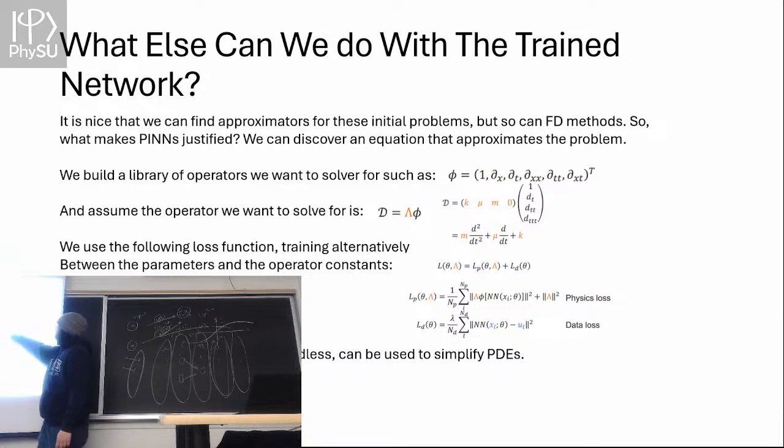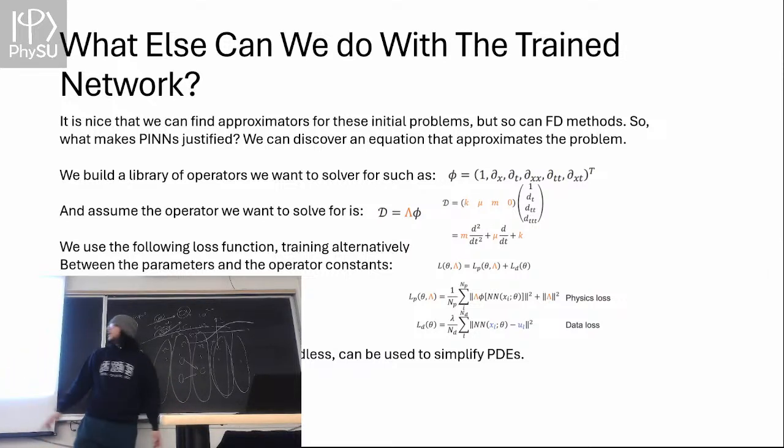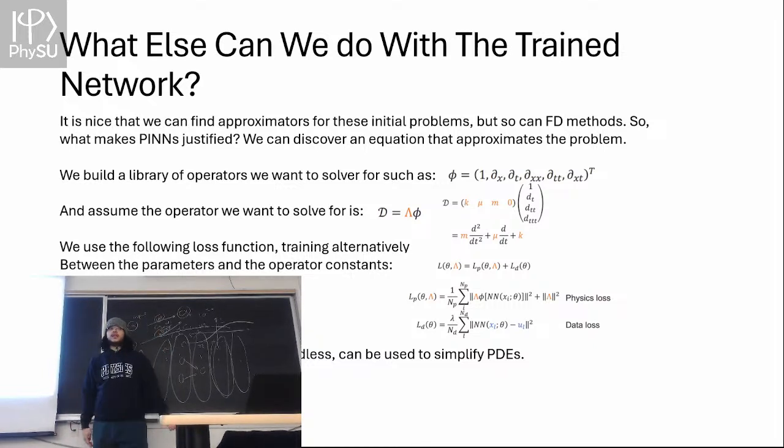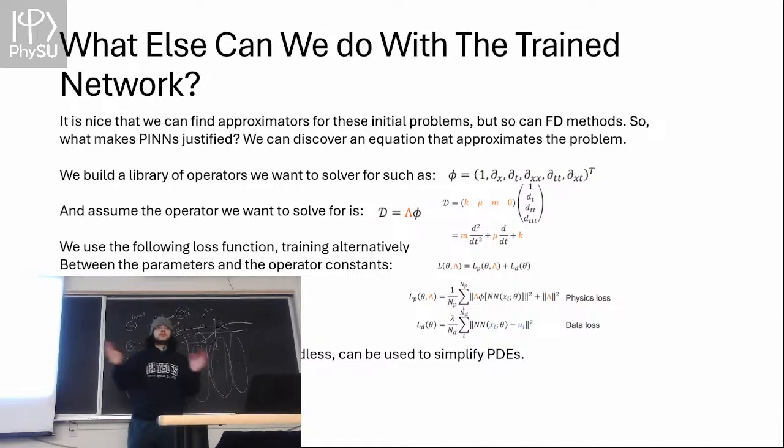So what do we do? We essentially set up a library of operators that we want to solve for. This can be anything. It can be, I don't know, the third derivative of x or the second derivative of x followed by the second derivative of y. You set up an operator library that you want to solve for. So this neural network gives you the entire capability of choosing your own solution, even though it may not work as well as expected for some libraries.